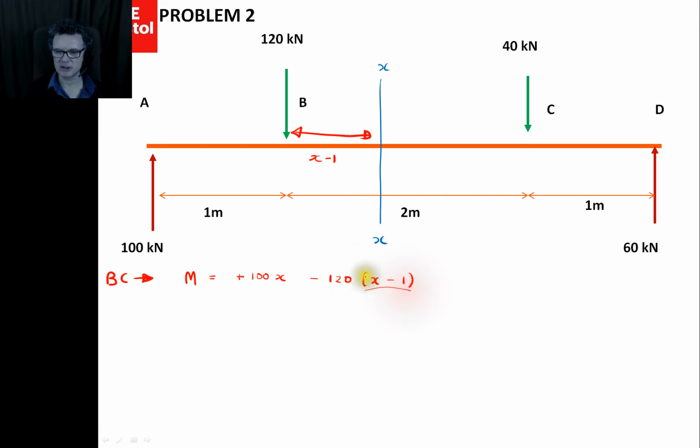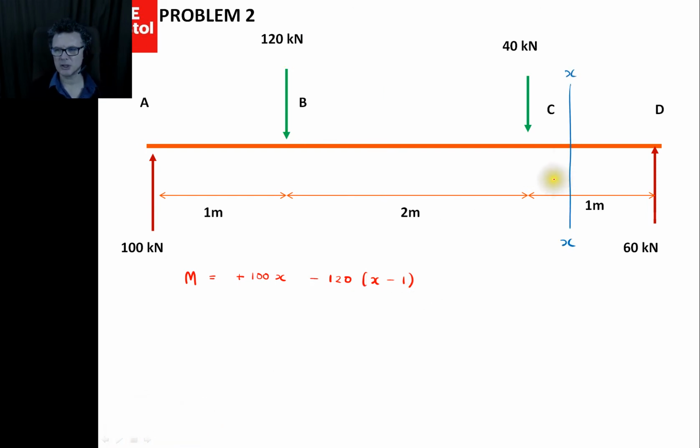Put that into brackets: open your bracket, x take away 1, and that's where the 1 is coming from. Close the bracket. That gives you your distance back to the B position. Then at the B position, you look for its force value and see which way it's going. It's going downwards, so it's minus. So that's what the formula should look like between B and C.